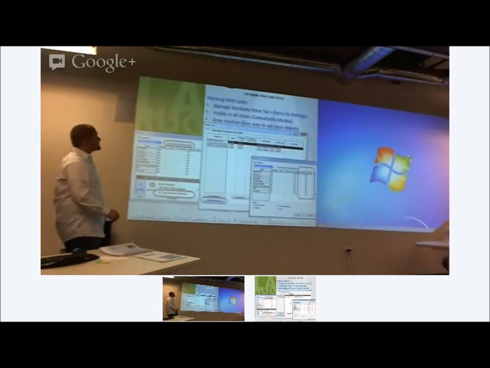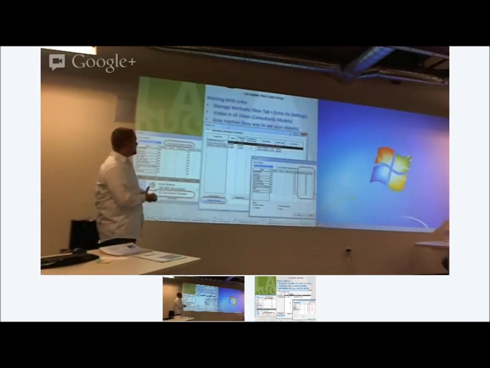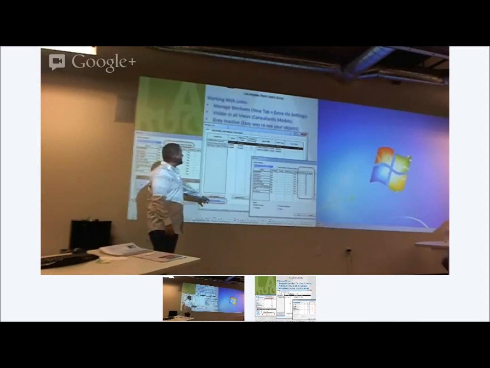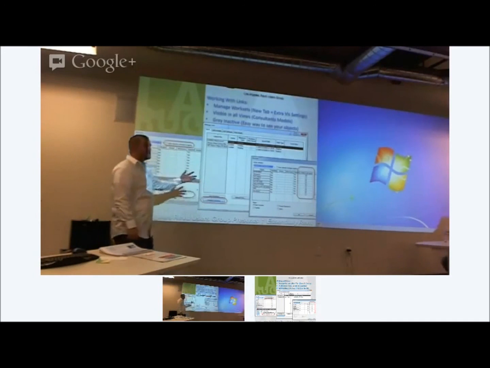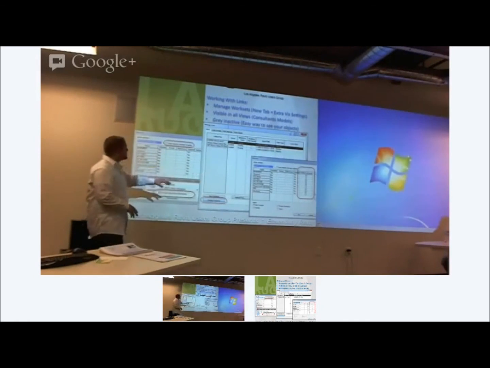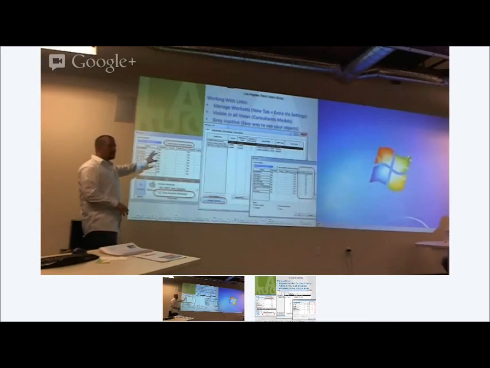So manage Worksets, basically you get a whole new tab. Under the manage links dialog, you can go in there and manage that. It gives you a whole new level of visibility settings. Again, I talked about visible in all views, and then here's that gray inactive, which is a really cool thing.